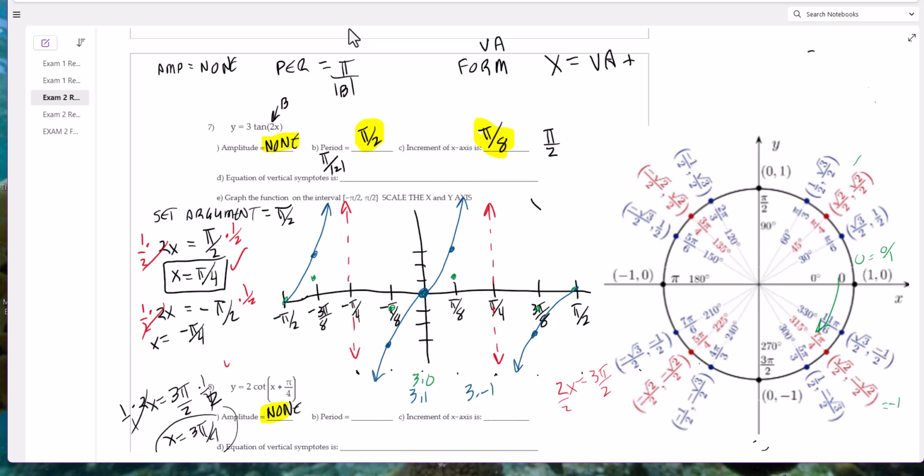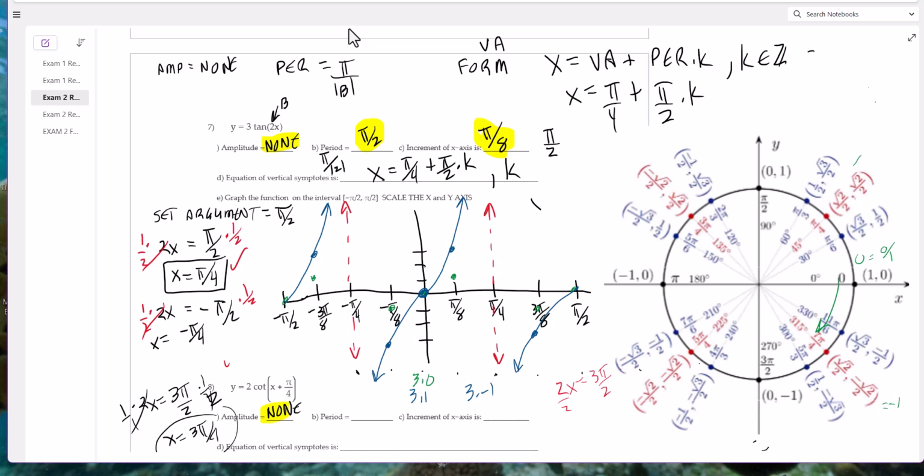So what happens on this problem is we have an asymptote. I don't care which one you pick. I'm going to pick pi over 4. The period is pi over 2 times k. So we're just going to write this answer as x equals pi over 4 plus pi over 2 k, where k is an integer. So that's how that problem gets put together.